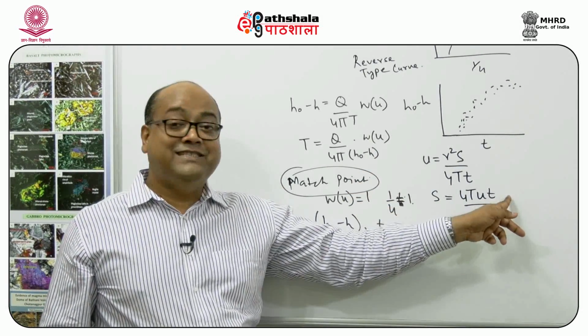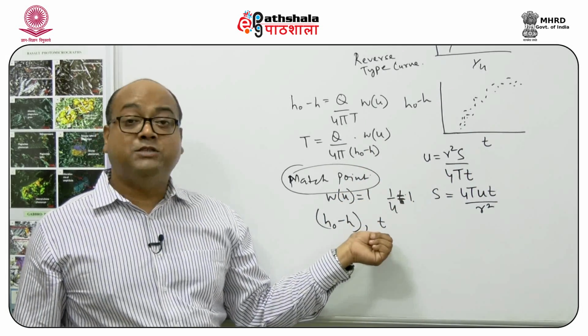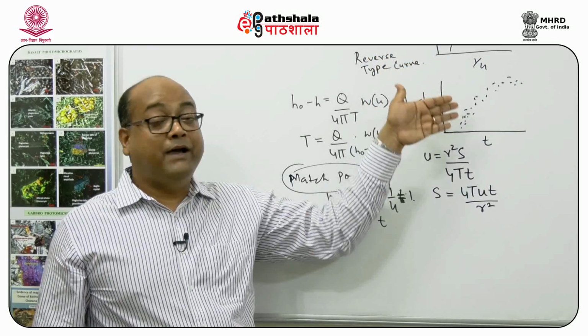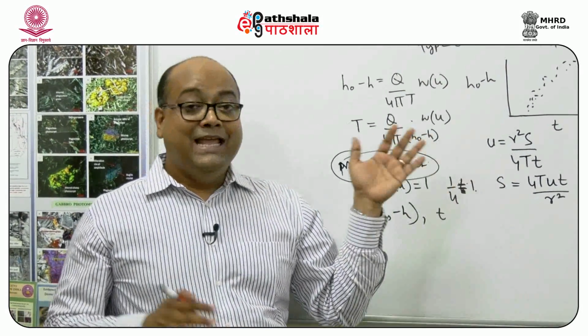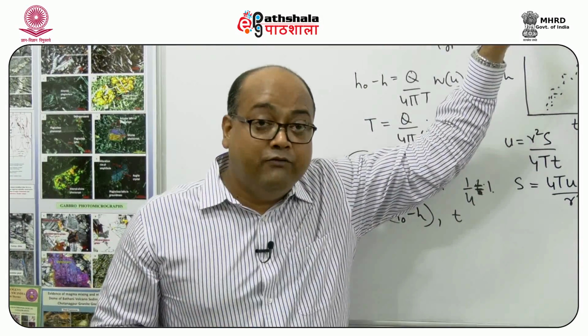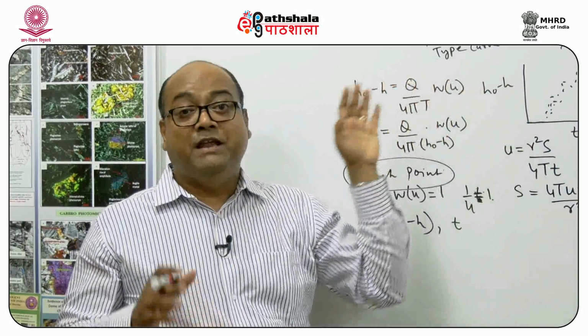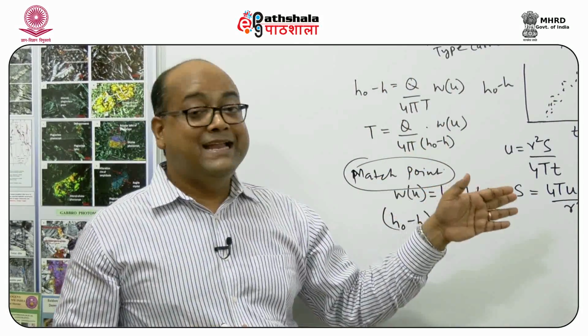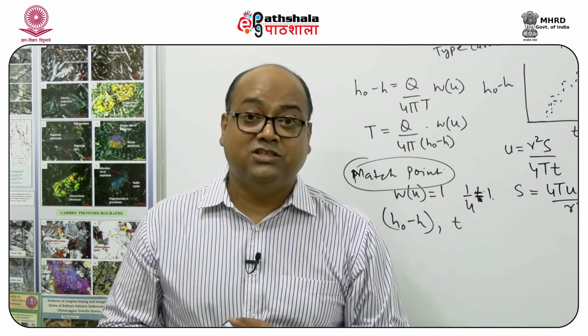And the value of t we obtained from the match point by overlaying the two curves. So if I have the reverse type curve, which is a standard curve, and we plot the drawdown versus time, then we can match these two, and finally get an estimate of transmissivity and storativity.